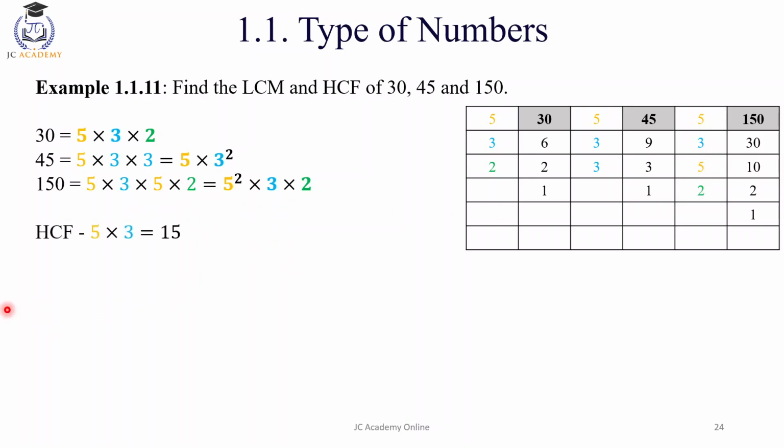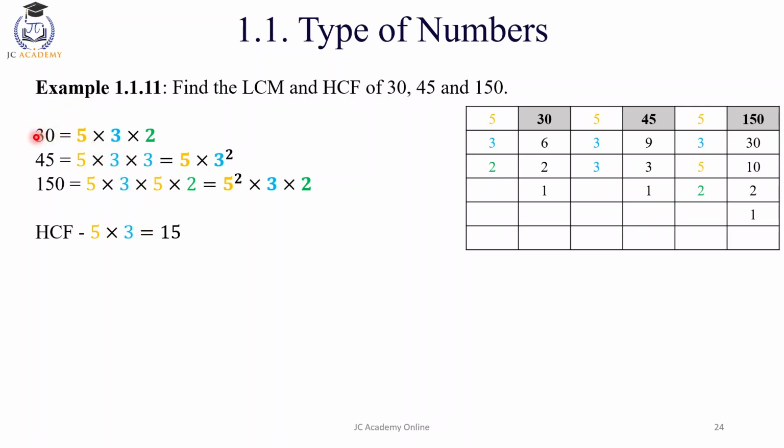Okay. Now the highest common factor. The highest common factor is the largest number, or the numbers, out of the factors 5, 3, and 2, that appear in all of them, the largest number of times they appear in all of them.